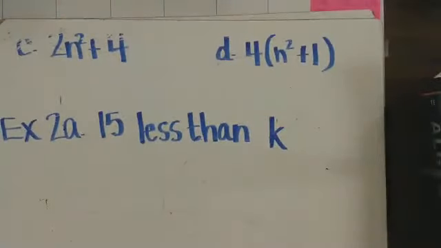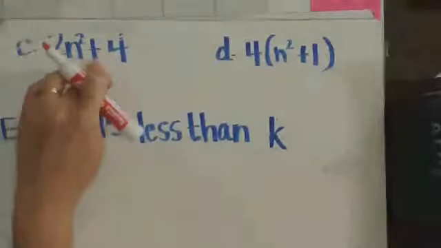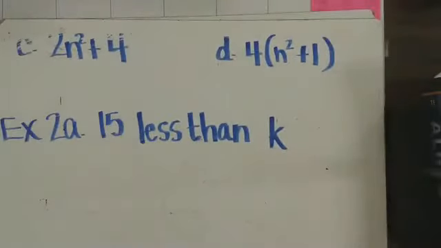For this one, we have 2 blank in blank blank 4. So actually we have a couple things going on in this expression. We have multiplication happening between the 2 and the n, and we also have an addition problem. The n is raised to the 2nd power. So what's happening between 2 and n?